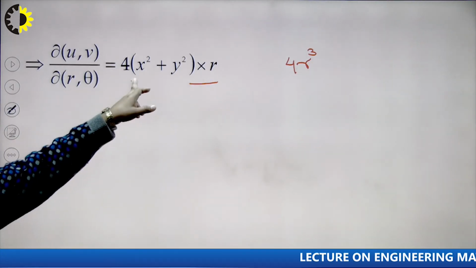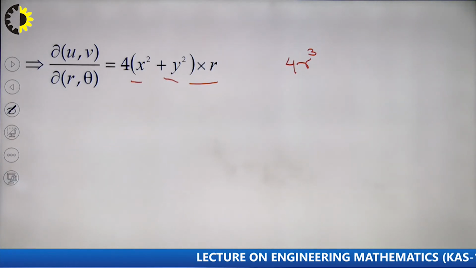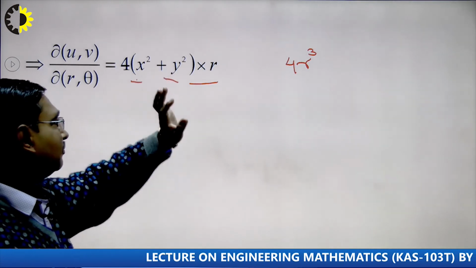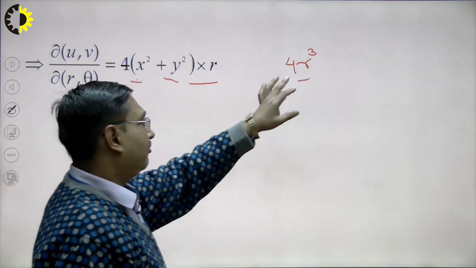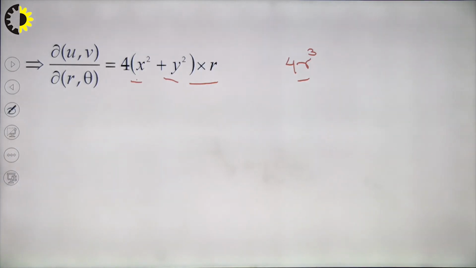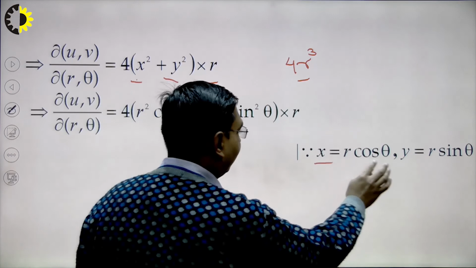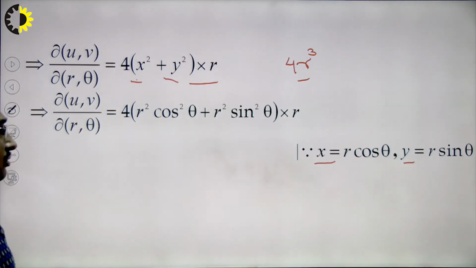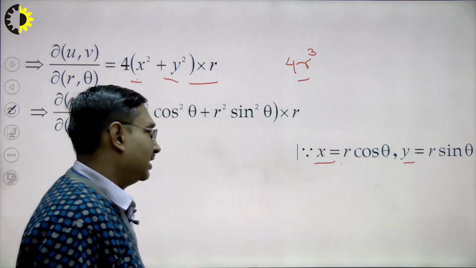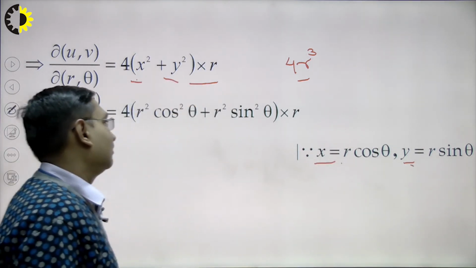Here x and y are also appearing, and therefore I need to remove these x and y to express this expression in the form 4 r cube. For this we shall use the given values of x and y. Value of x was r cos theta, value of y was r sin theta.